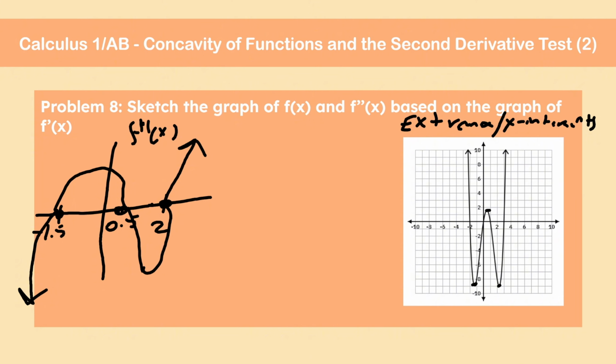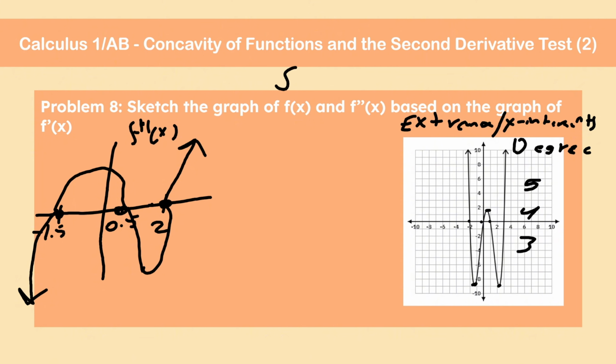So another thing to look for is the degree of the graph. Since this polynomial is of degree 4, 1, 2, 3, 4 roots, that means that the original function is of degree 5 and that its derivative is of degree 3. Because each time you differentiate a polynomial, you subtract 1 from the degree.